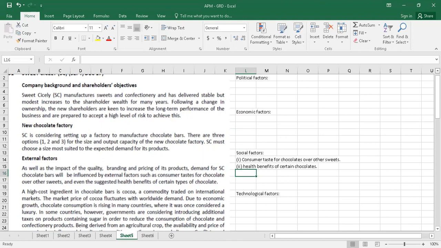So imports and exports definitely have an impact on the balance of payment, etc. So that aspect of fluctuation in the prices of the ingredient which is being imported will have an impact on the economy. So that will be taken under economic factor. So the first point under economic factor is price fluctuation of cocoa as it is.